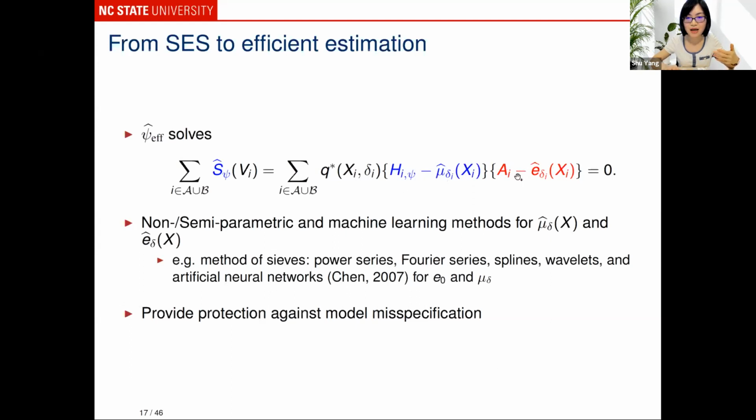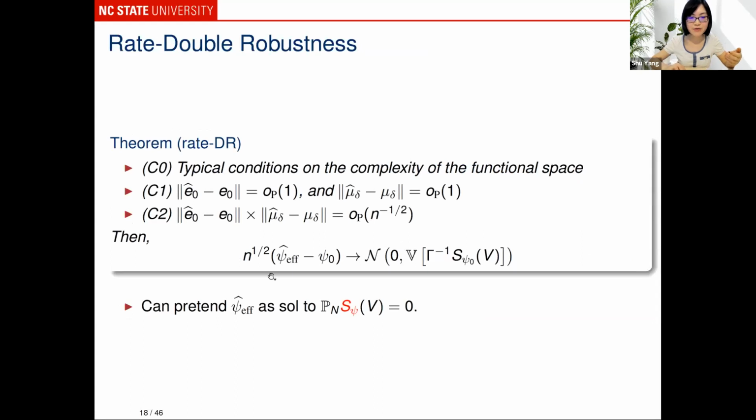We can show that if we perturb the nuisance function a little bit, it won't affect the score a lot. So we can derive the root-n consistency for the efficient estimator under the idealistic assumptions. We impose typical conditions on the functional space to regulate the complexity.